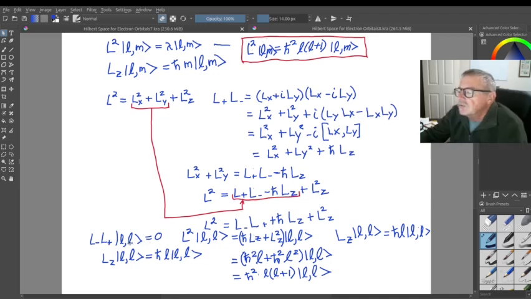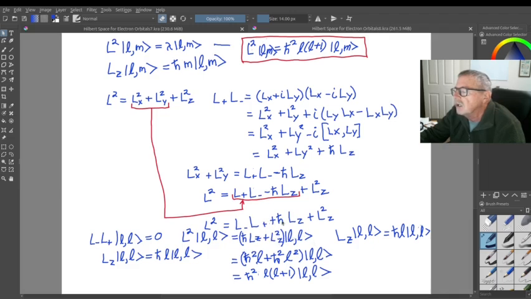Now we're ready to use the vectors, and we're going to use the vector l,l. L minus L plus across l,l is going to be 0. Lz l,l is going to equal h bar l times that vector l,l. So if we look at L squared l,l, then notice this piece drops out, and we're left with h bar Lz plus Lz squared times the vector.